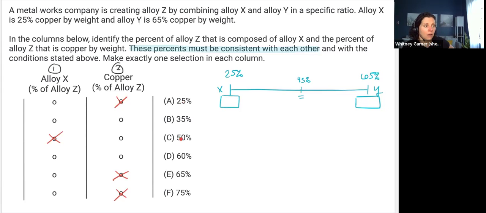Now, I've got some ugly numbers left, but 2 of the ones that feel a little bit better are this 25% and 75%, because the quarters correspond to these 4 lines. This is the line where 50% would have pulled toward X. This is the line where only 25% would have pulled toward X. And this is the line where 75% would have pulled toward X.